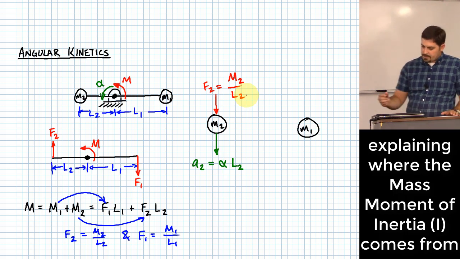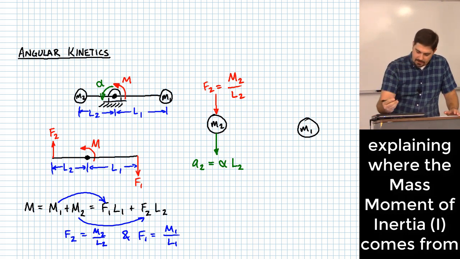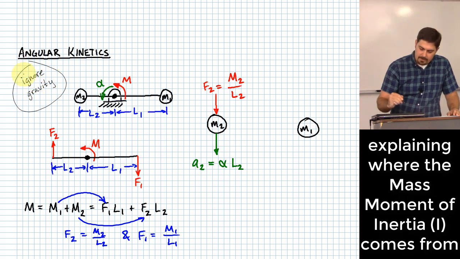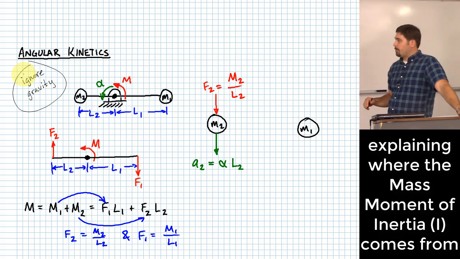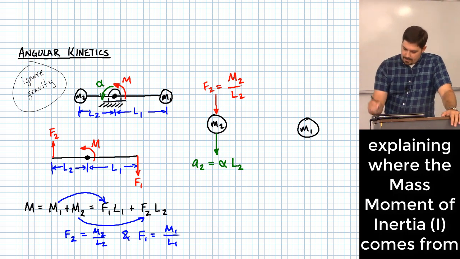Okay. Same basic thing works with the other ball, even though it's going in the other direction. And by the way, I should have said this at the very beginning. Let's basically ignore gravity. At least for this little example that we're doing, we're going to assume we're not in gravity. All right.